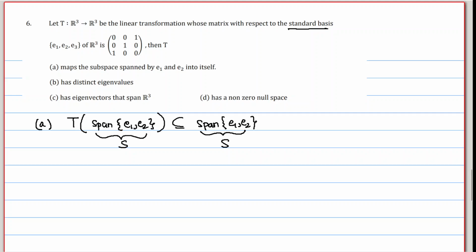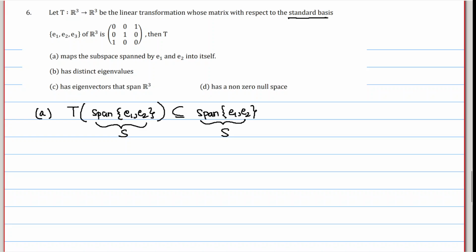Let's see whether that is true. We take an element V in S. That means V can be written as C1 E1 plus C2 E2. So T of V will be equal to C1 T of E1 plus C2 T of E2.